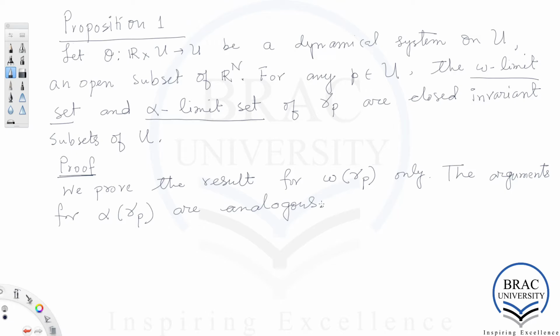Okay, so we first try to prove that. We first show that the omega limit set of gamma sub P, meaning the orbit of P, is invariant.